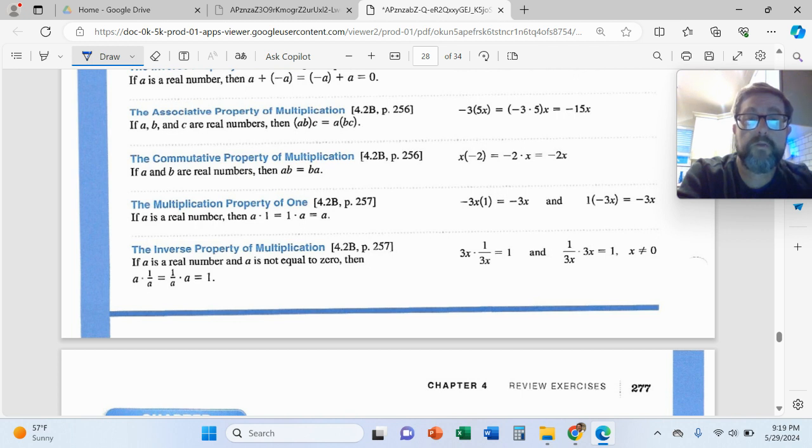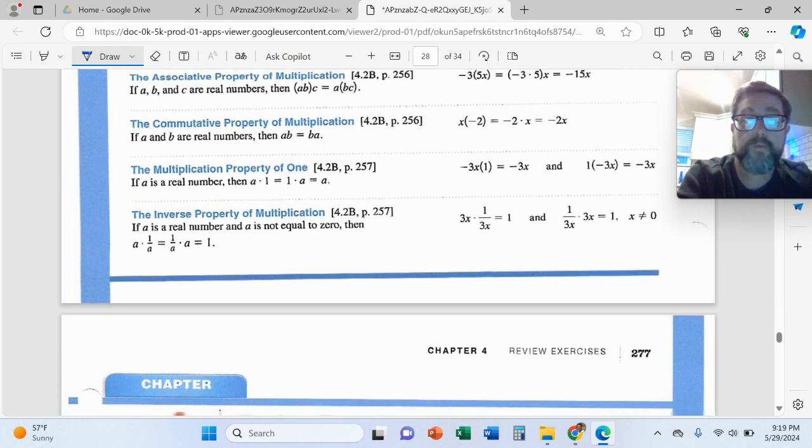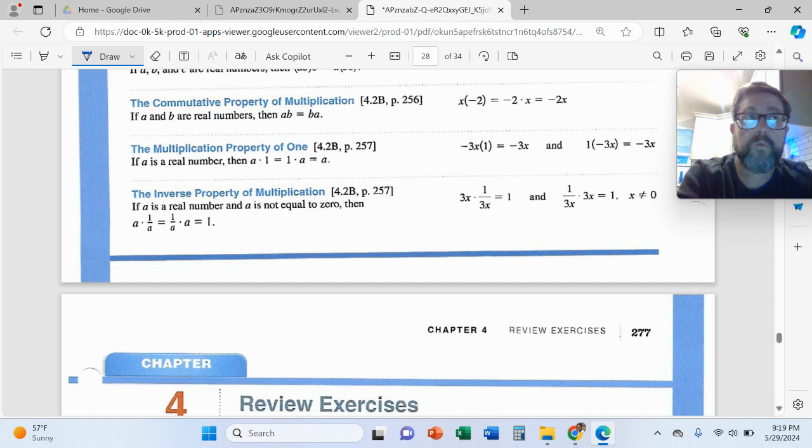The associative property of multiplication is A times B times C, moving the parentheses. The commutative property of multiplication is A times B is the same as B times A. So if you take 1 times 3, you're going to get the same as 3 times 1.